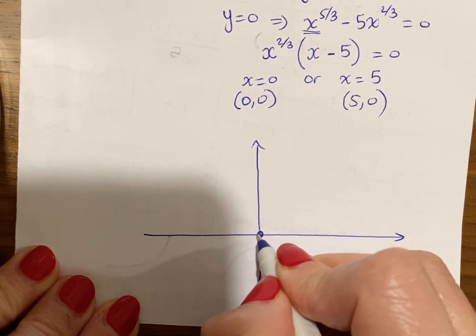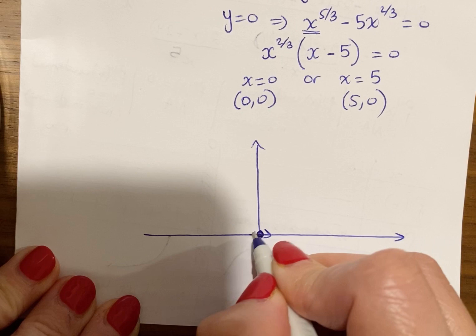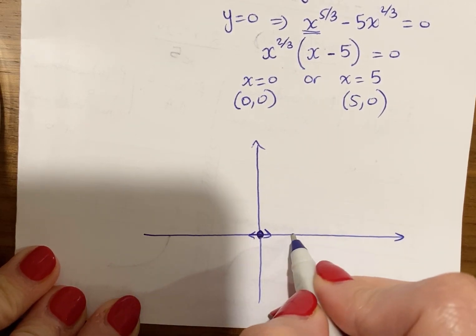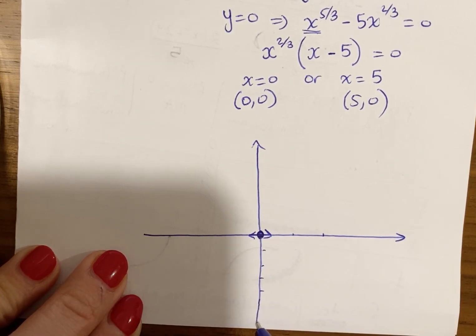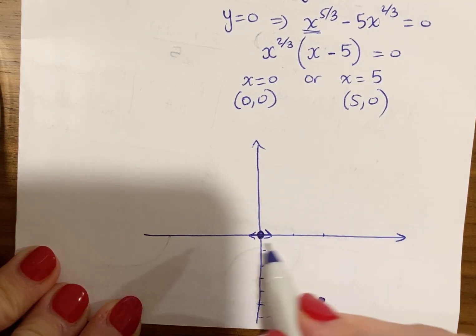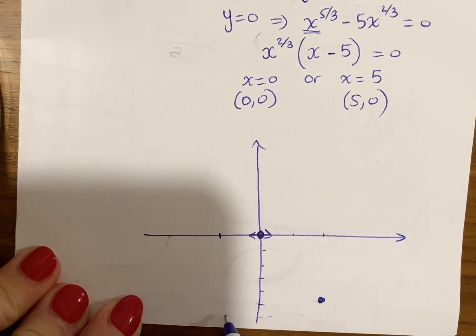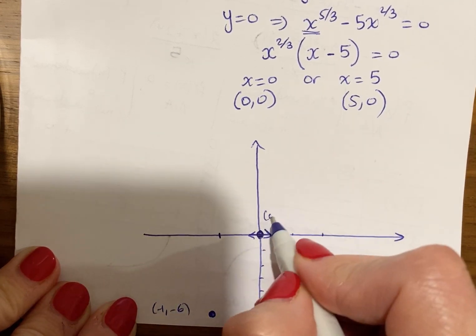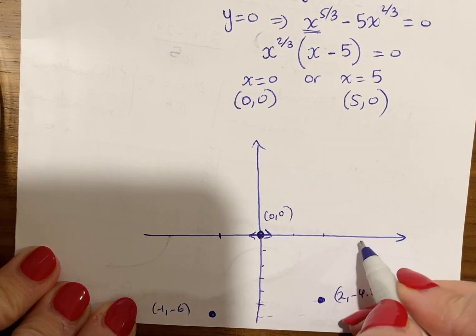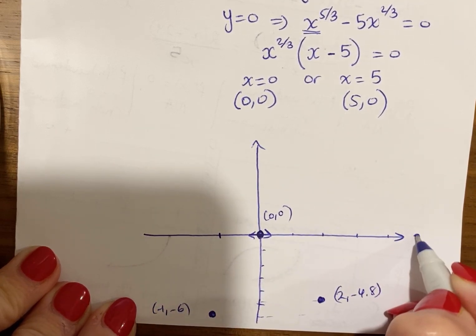The points are 0, 0, my local max, 2, minus 4.8, minus 1, minus 6, and the intercepts are 0, 0 and 5, 0.